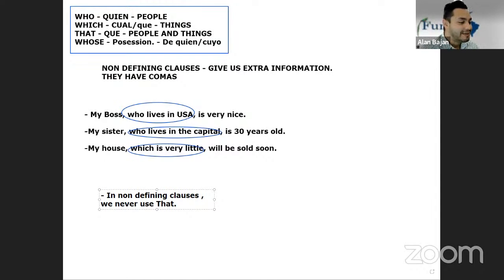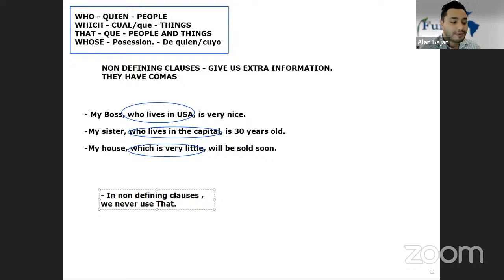Mr. Moreno says, my cell phone, not that, Mr. Moreno, not that. Con non-defining clauses no usamos that, usamos which. Con defining clauses, con las primeras que vimos, sí podemos usar who, which, that, whose. Con estas, solo which, who y whose. My cell phone, which was an iPhone, was very expensive, because you are talking in past tense.